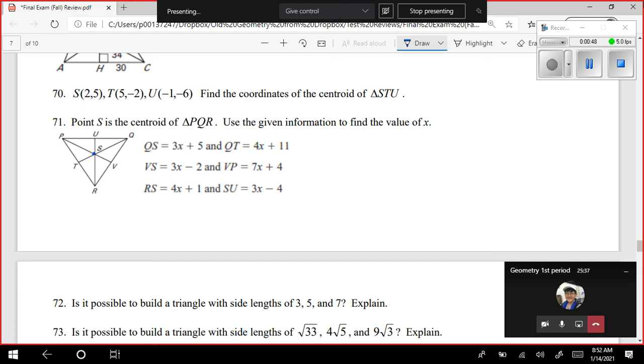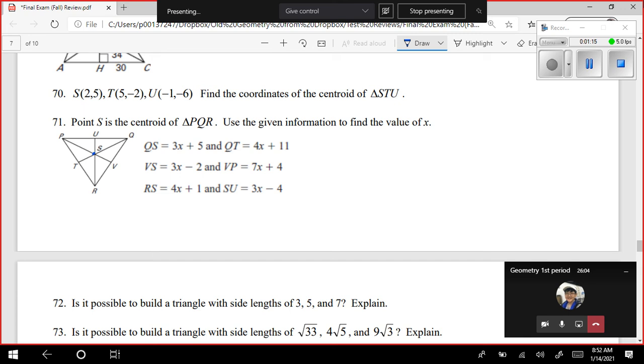Same way, TS is going to be one-third of TQ, SQ is going to be two-third of TQ, SV is going to be one-third of PV, and PS is going to be two-third of PV. So these were the properties of the centroid which we had. So I'll just write that out and we will substitute these things and try to solve.